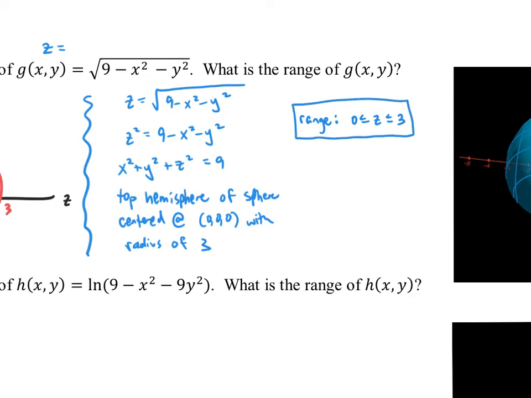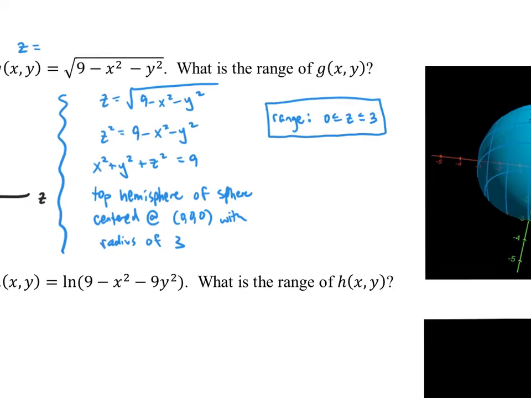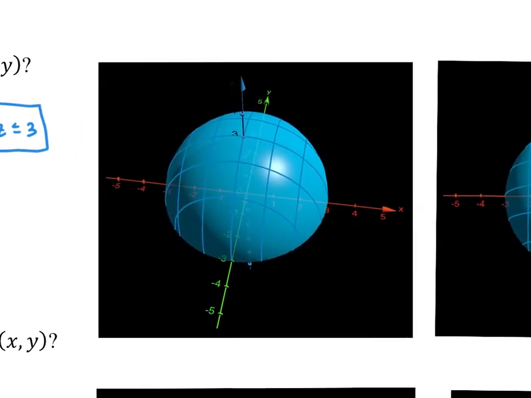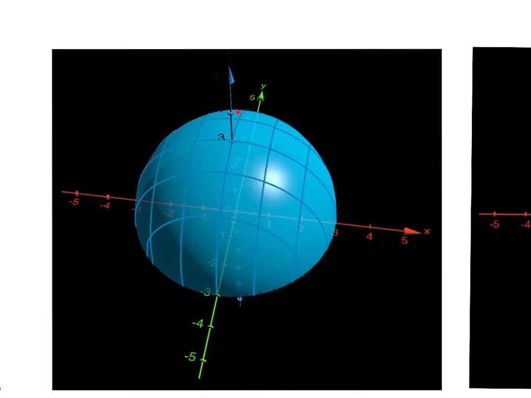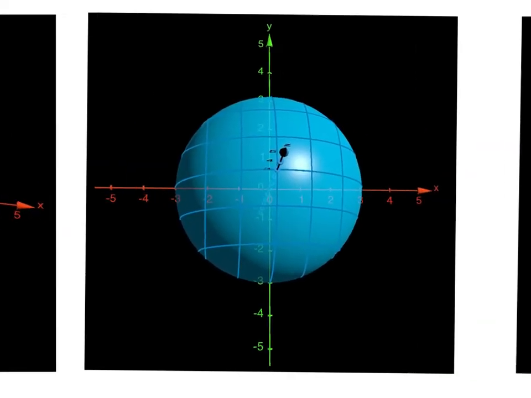Okay, so I have a little picture here to show you all. So this is the surface, and the blue axes that you can see sort of as a shadow right here, that's the z-axis. You can see the y-axis, you can see the x-axis, you can see the spherical shape, the top hemisphere of this particular surface. I wanted to also show you the domain.